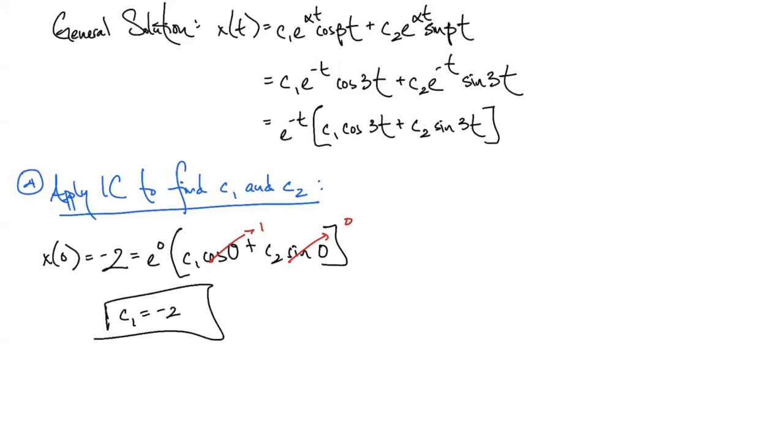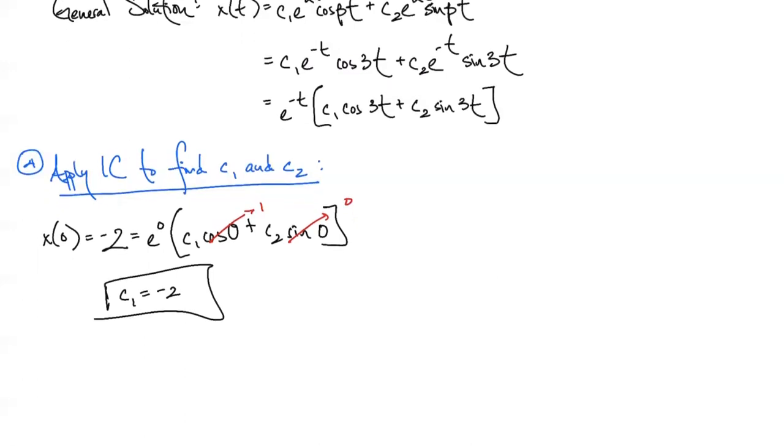And then we want to take our derivative and apply the second initial condition. We can go ahead and use our product rule.